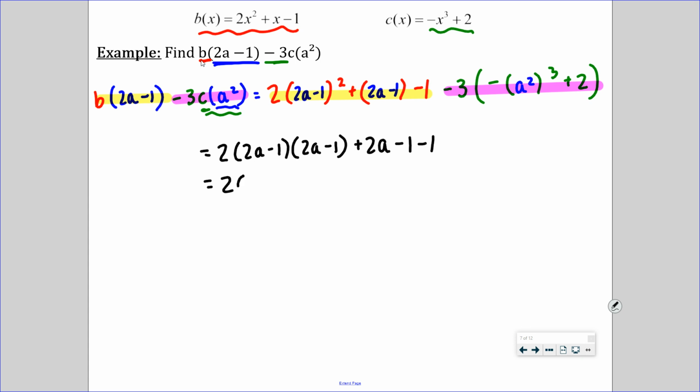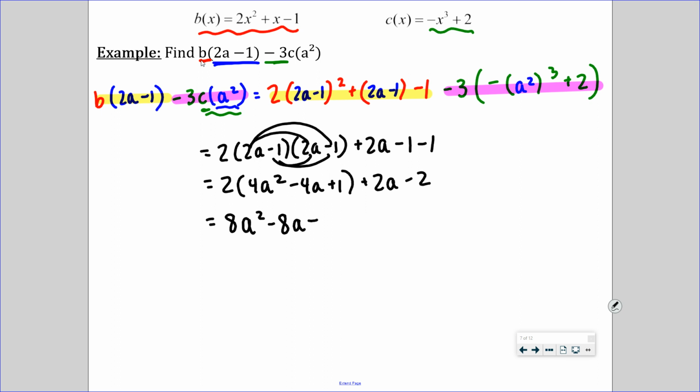So here, that would be 4a squared minus 2a minus 4a plus 1. You can add these guys together. Then I could distribute the 2 and combine like terms.